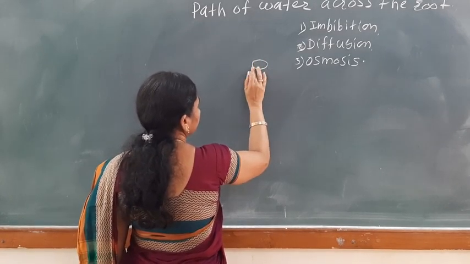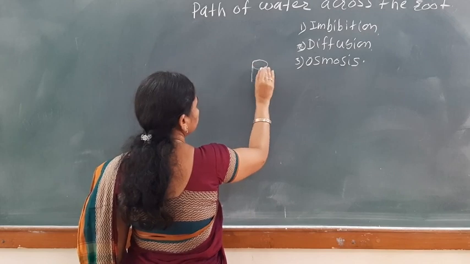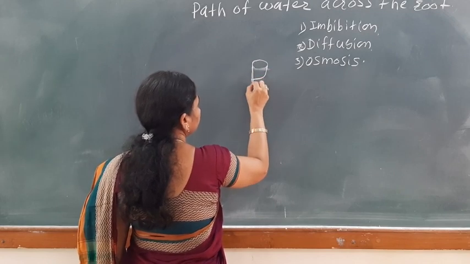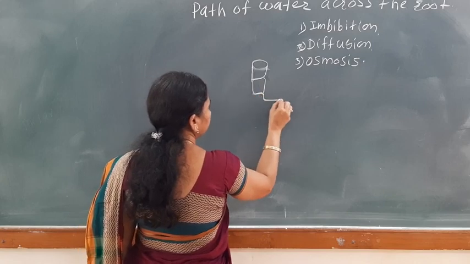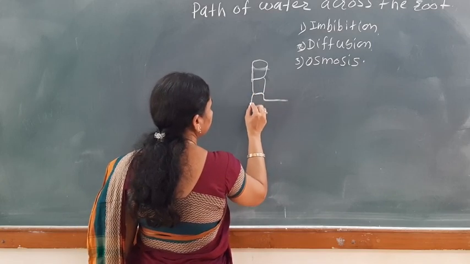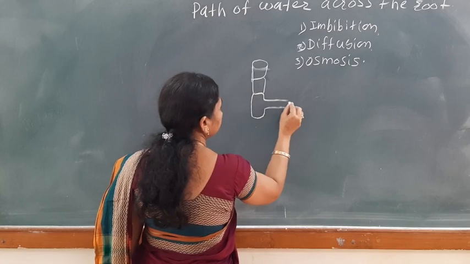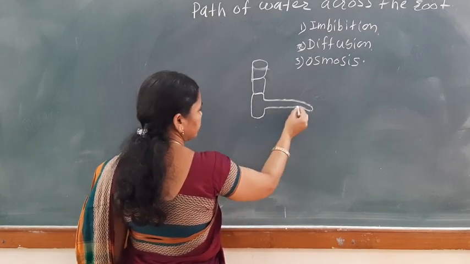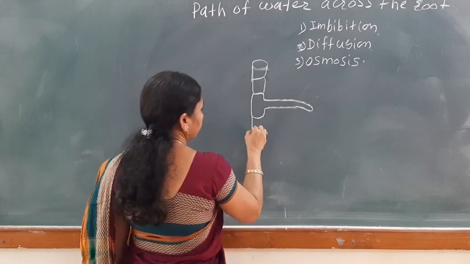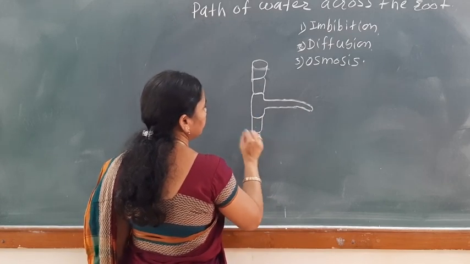Here is the outermost cell; these are the epiblema cells. The root hair mainly develops from any one epiblema cell, like this, that is the root hair cell, and here the epiblema.